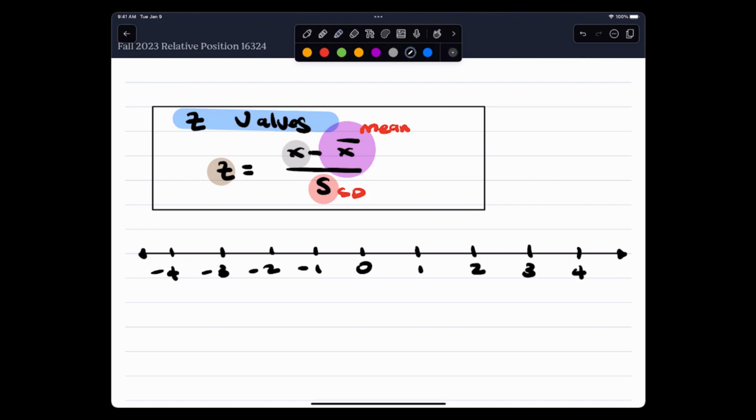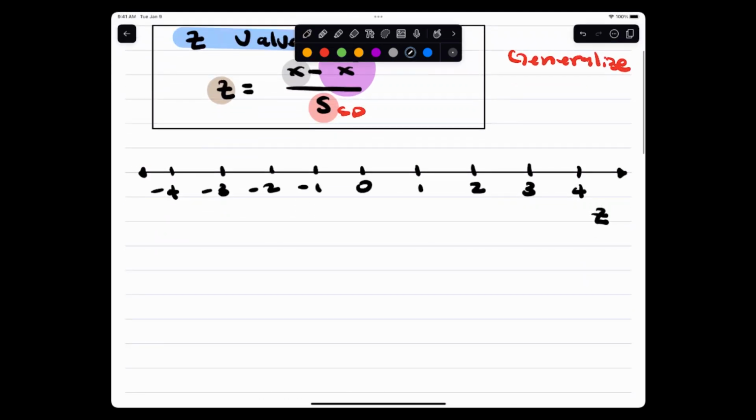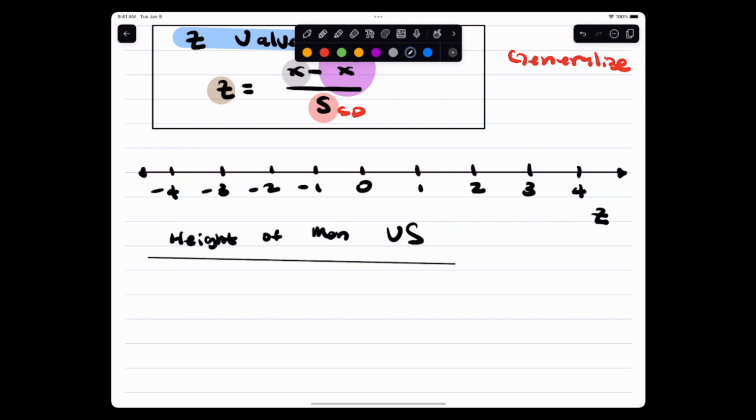Okay, and this is the real number line, and we'll put Z for Z-scores, and then you might even say, Mr. Judge, why do we have to generalize this and go there? And the answer is very simple. If I said to you guys, the height of men in the U.S., do you happen to know the average height? 5'7".